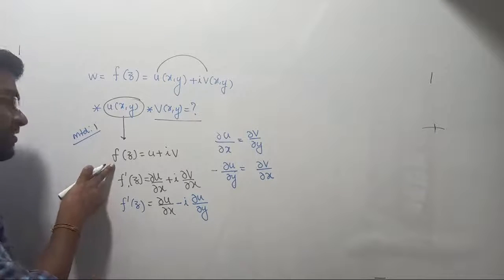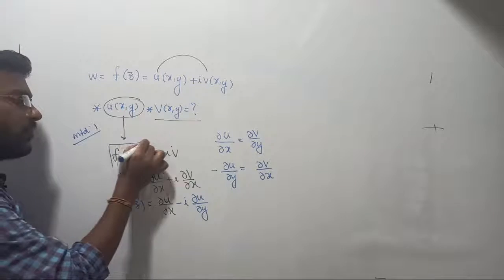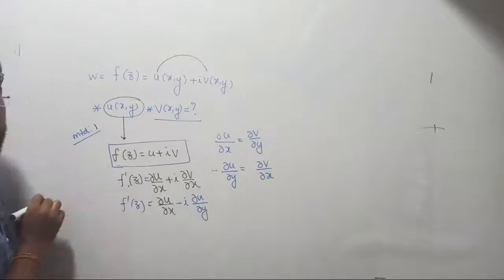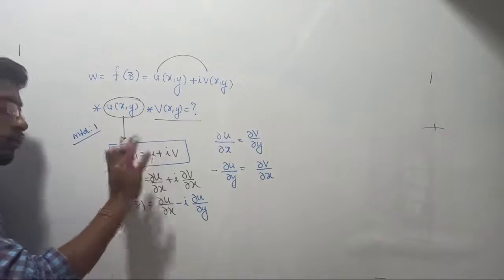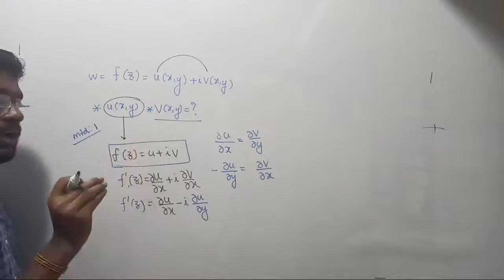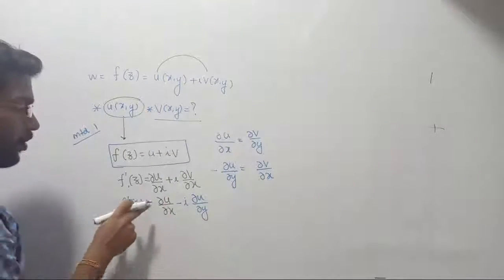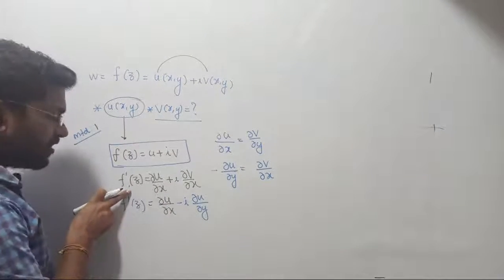No. Just considering this variable, f of z will be the combination of u plus iv. I know. Now, in this they have asked only for the imaginary part. That is what I want, right? So what I do is, generally, first I know that an analytic function will be the combination of real plus imaginary. When differentiating it with respect to x or y, I am doing differentiation with respect to x.